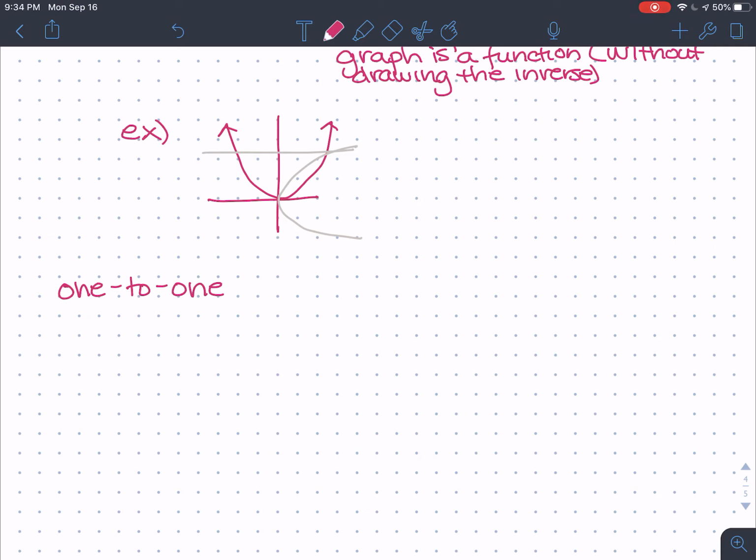So a one-to-one function, you can think of this one in two ways, but it means the same thing.